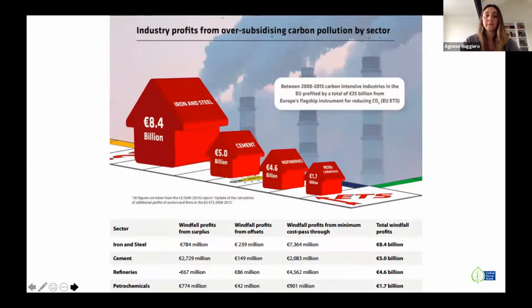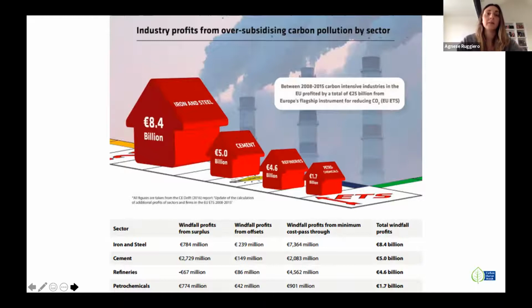So it's quite substantial profit on the back of the climate, and while not having reduced emissions virtually at all.